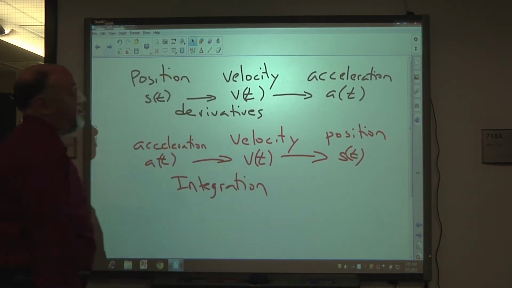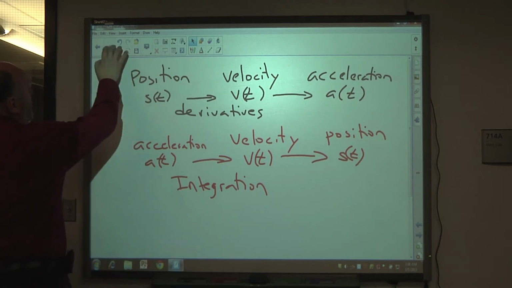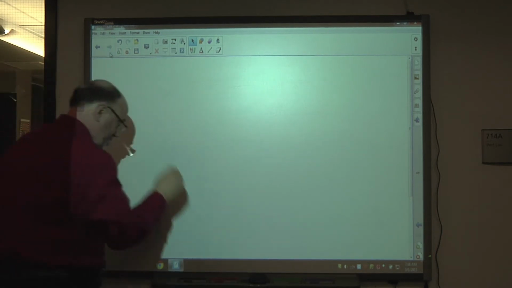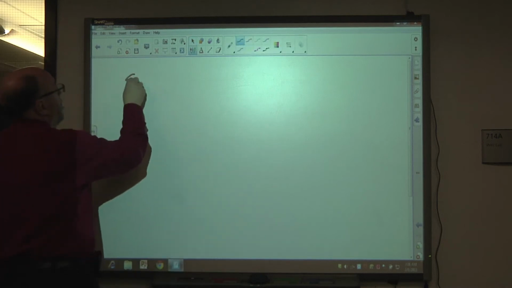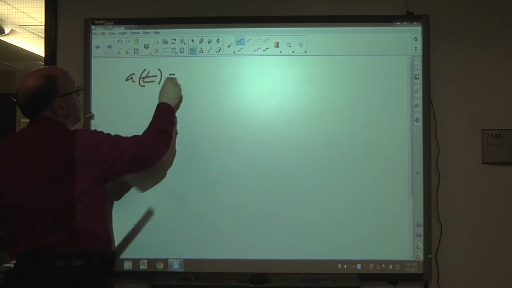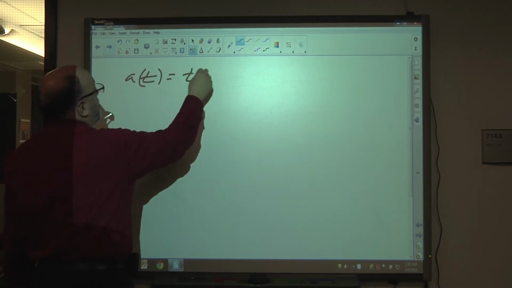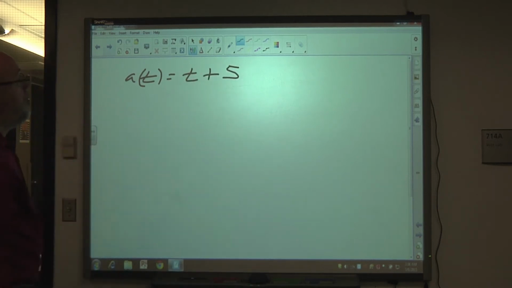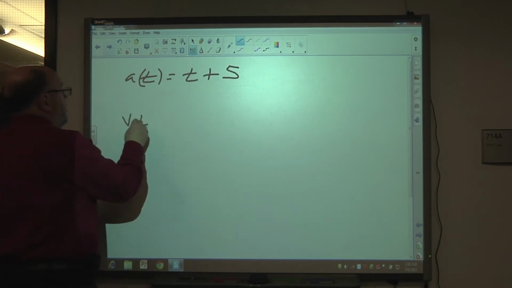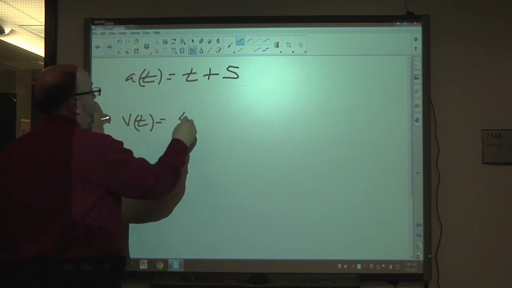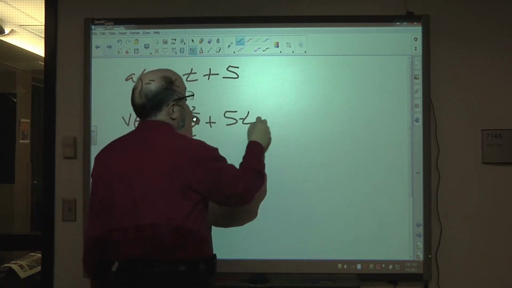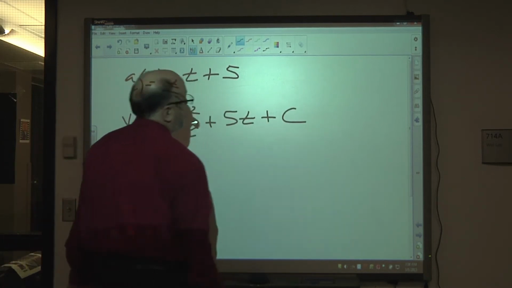An example of that would be, given that the acceleration function A of t is t plus 5, the velocity function V of t would be t squared over 2 plus 5t plus c.